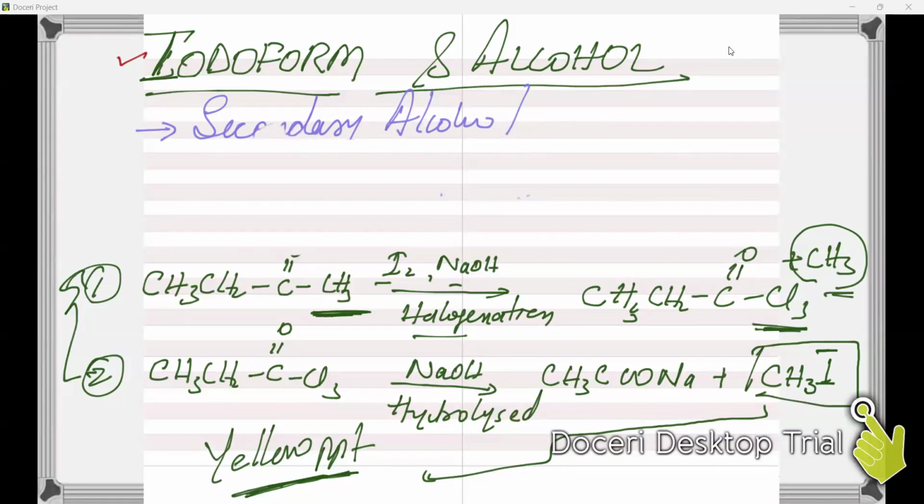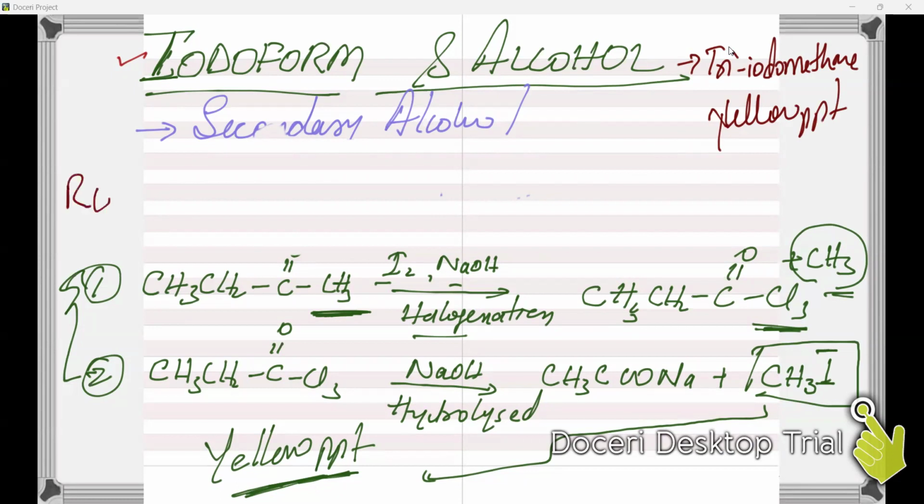What happens in iodoform reaction? A product is formed which is called triiodomethane. And it forms a yellow precipitate. So if the result of this test is positive, that means secondary alcohols are present. And if it is negative, that means the presence was not there. What we do is basically we take methyl ketones.